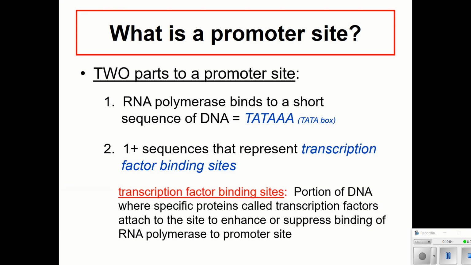I said in the previous slide that genes are read at the start, and the start is called the promoter site. Well, the promoter site's interesting because the promoter site always has the same code in the front of it. It's called a TATA box. TATA box is a TATAAA sequence that occurs at the beginning of every gene.